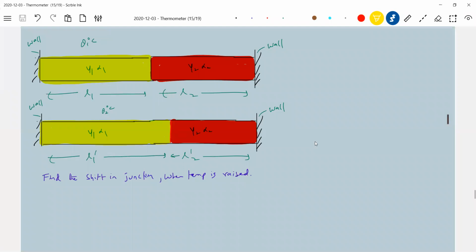Now how to calculate this? Both the rods will try to expand, no?